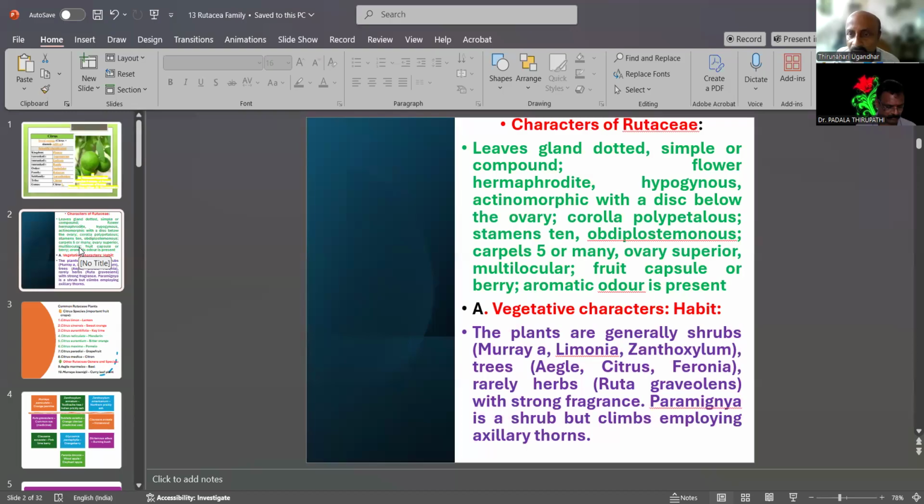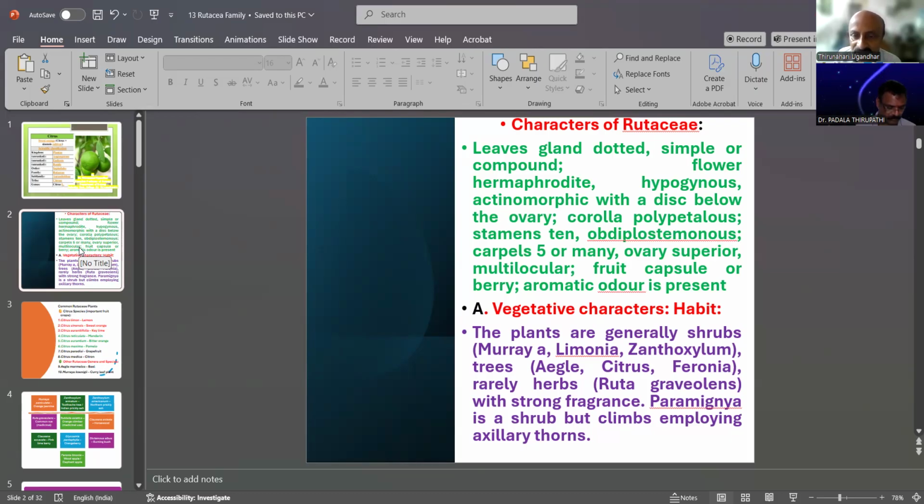The corolla is polypetalous, stamens are obdiplostemonous, carpels are 5 or many, ovary superior, multilocular, fruit a capsule or berry. Aromatic odor is present. This aroma is important for the preparation of some medicines and also perfumes, which is a major vegetative character of the plant.